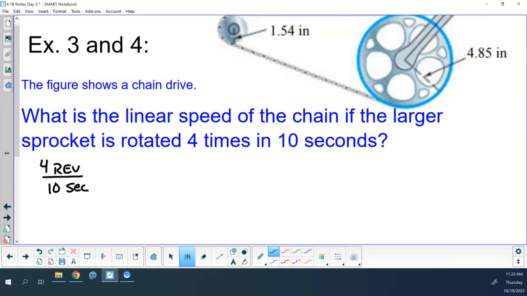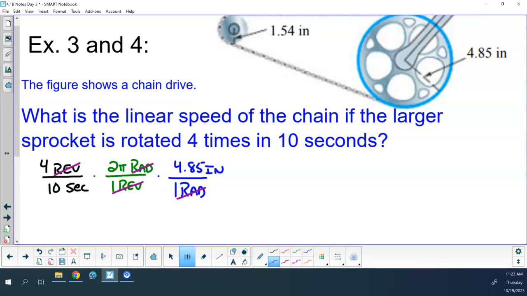Okay. 1 revolution is 2 pi radians, and 1 radian is 4.85 inches. Revolutions, radians, leaves me with inches per second, yes?